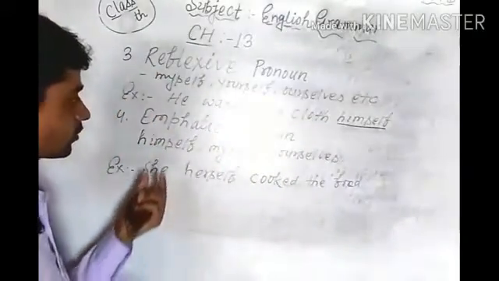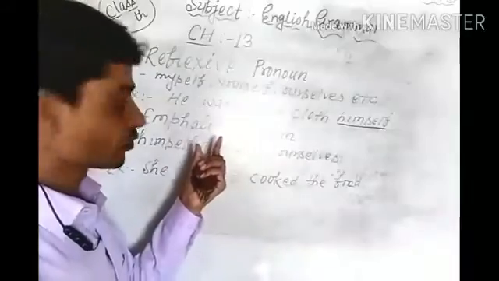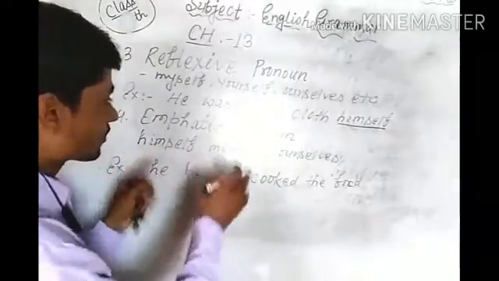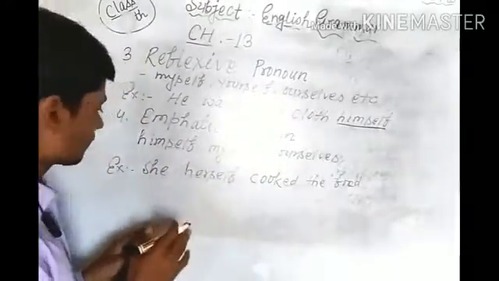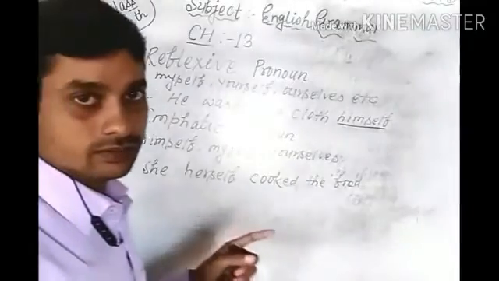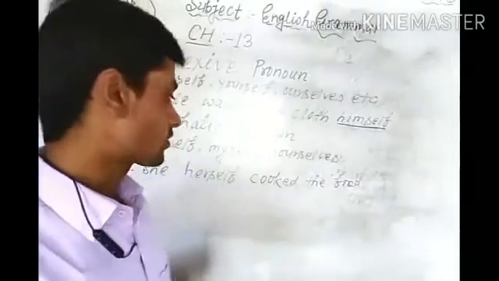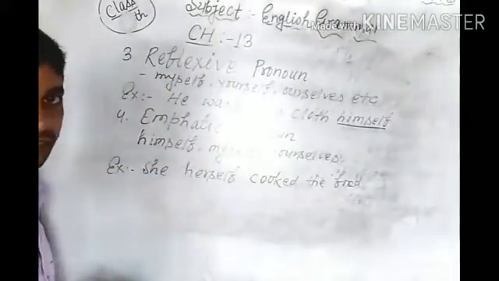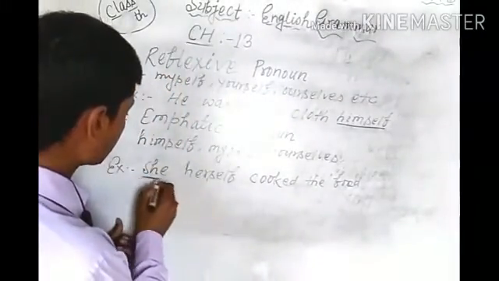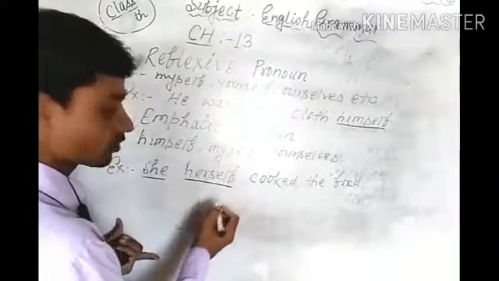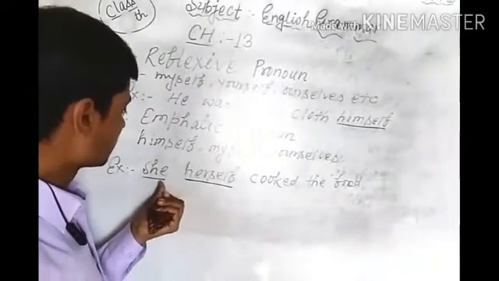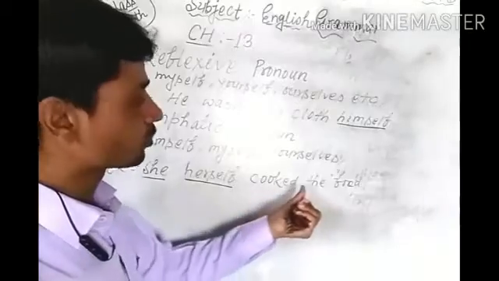But what is the recognition of an emphatic pronoun? In that sentence the words are the same, but there is an emphasis, pressure in that sentence, and the word is used after the subject. Look, in the second sentence: she herself cooked the food.